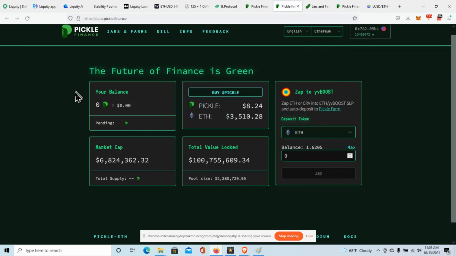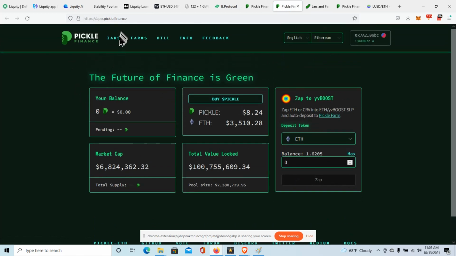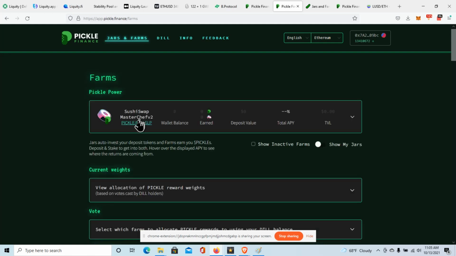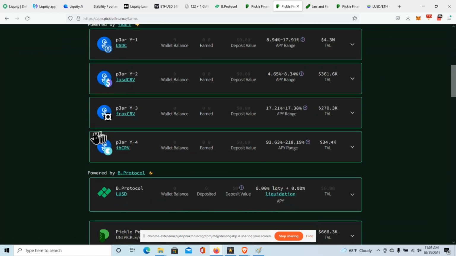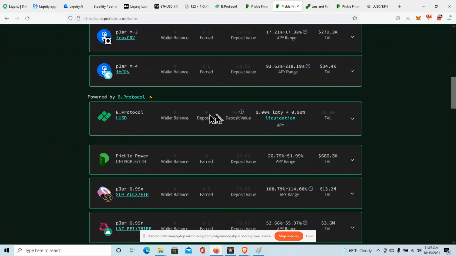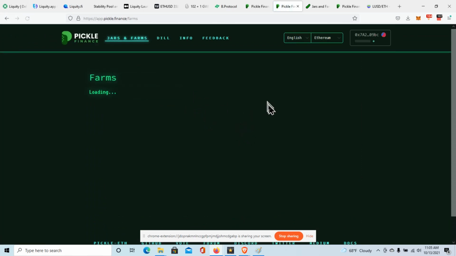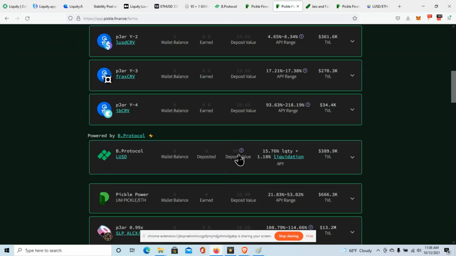My wallet's already connected, and you can go to the jars and farms, and you can go down to b.protocol USD. So let's see if we can refresh this and get the right percentage there. Okay, it popped up.